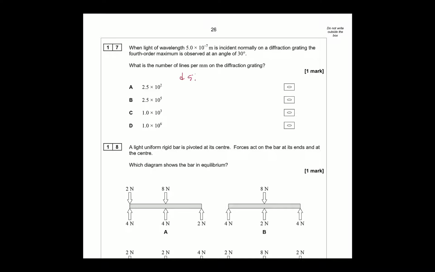Okay, d sine theta is equal to n lambda, so d is equal to 4 times 5.0 times 10 to the minus 7 divided by sine 30. Now that's actually the gap, so your lines per millimeter is 1 over d.